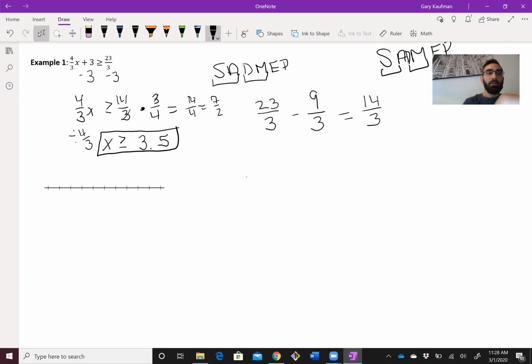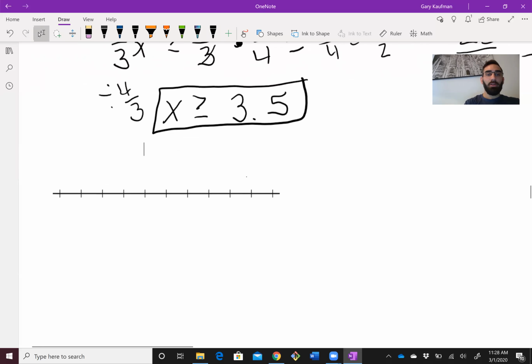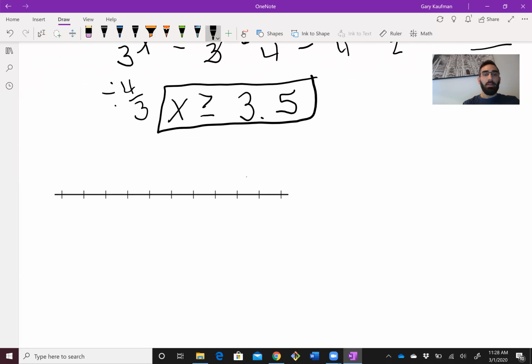So let's make this graph bigger so we can see it. I'm going to put 0 here. 1, 2, 3, 4, 5, 6. Right here is 3.5. I have to do a closed circle.